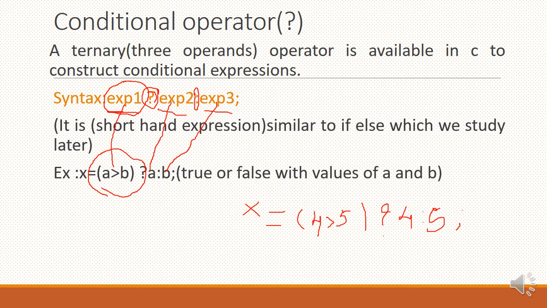Understood? So first it is going to execute. This is your expression 1, this is your expression 2, this is your expression 3. As usual, after expression 1, the question mark should be there. After expression 2, the colon should be there. After expression 3, semicolon.